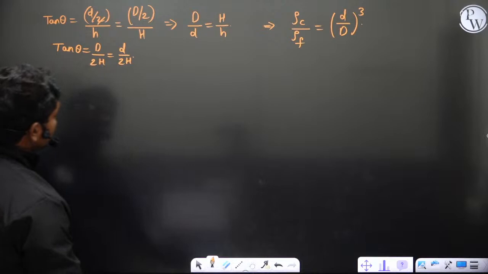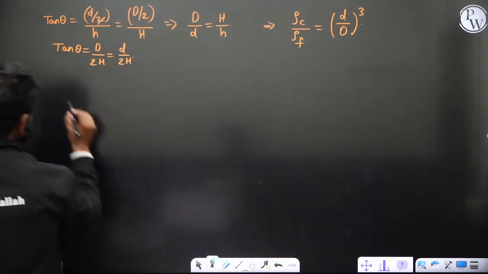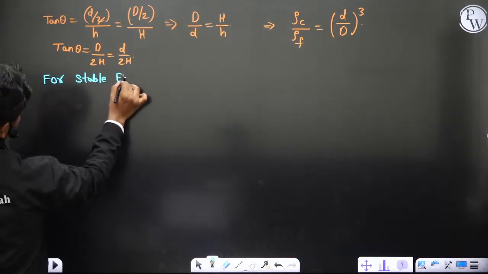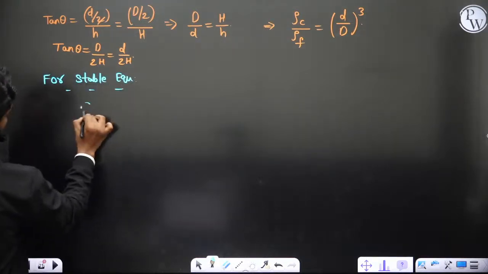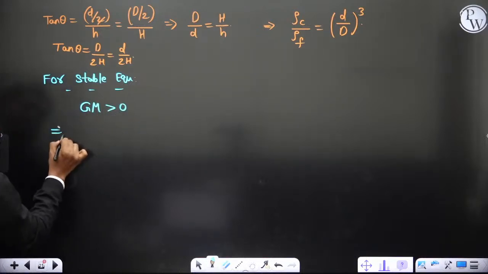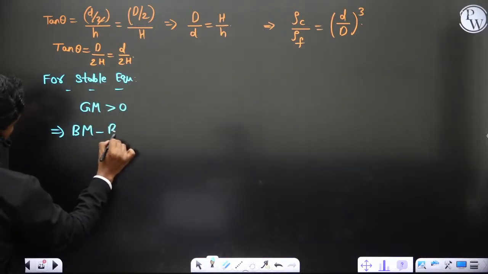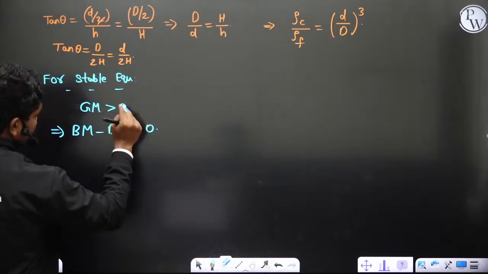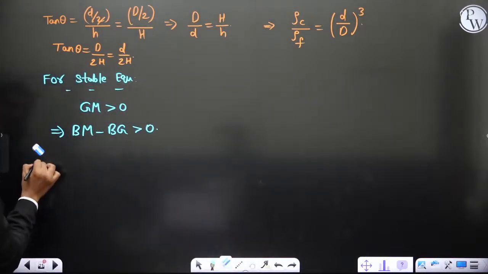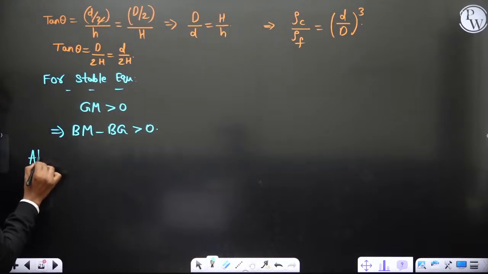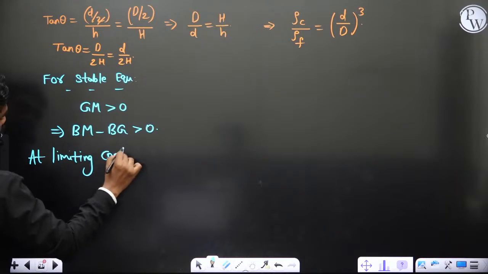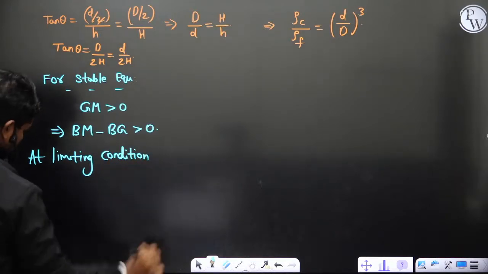Now let us see first stable equilibrium. Metacentric height has to be positive. This means metacentric radius minus BG has to be positive. At limiting condition, what did they ask you?